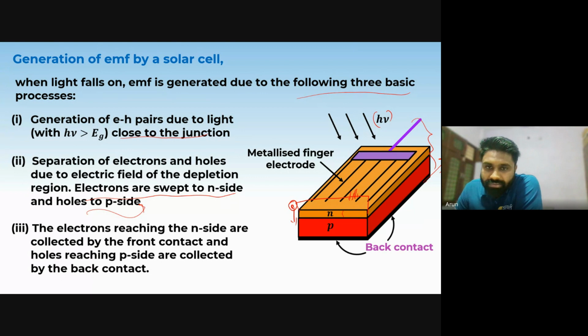So the electrons reaching the n side are collected by these metal fingers, and finally the electrons travel through these metal fingers and are collected in the front contact, and the holes going through the p type are collected by the back contact. This back contact is also a metal strip. Okay.